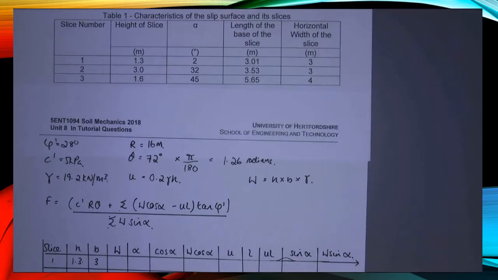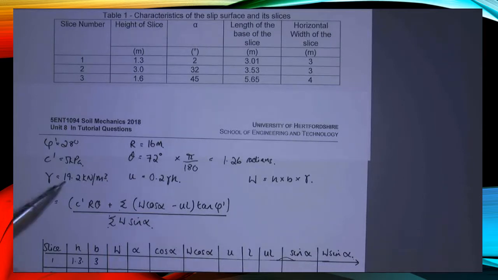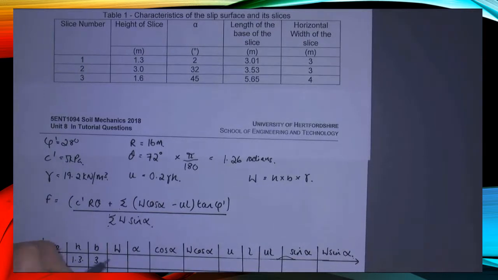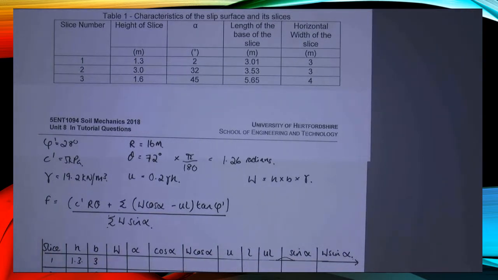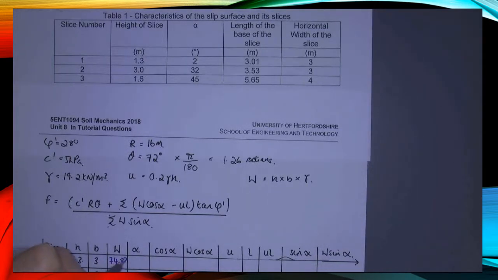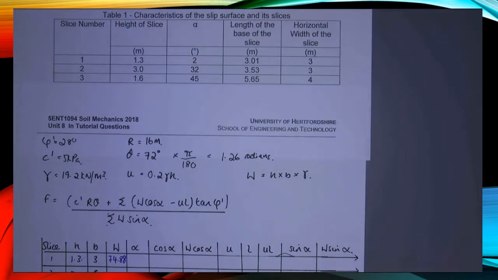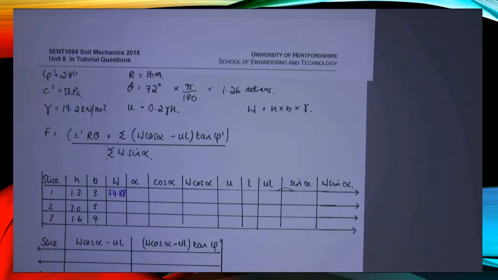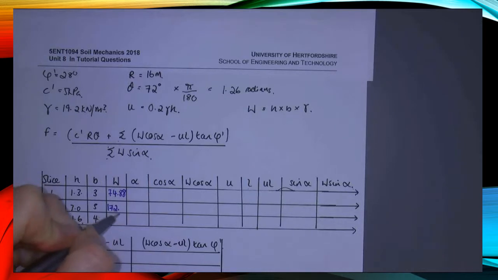Okay? So that is 3 times 1.3 times 19.2, which is 74.88. Then we have 3 times 3 times 19.2, which is 172.8.